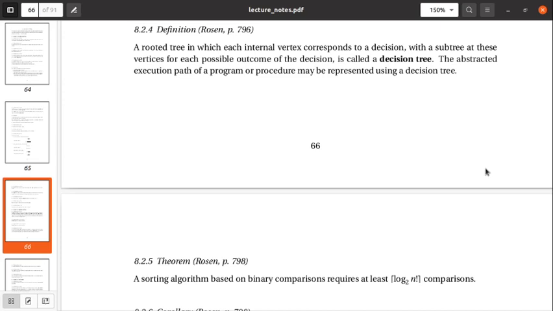But I think at its base level, we can think of it as just a series of if and else statements, even if we're using loops, right? So the loops have these conditional tests, and if true, then continue in the loop. If false, then break out of the loop, right? So still this left and right behavior. Okay, so that's the idea of a decision tree, that it's this tree-based model of the actions of a program.